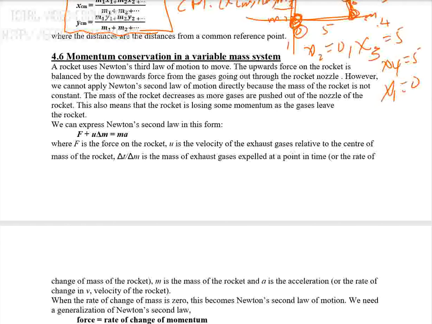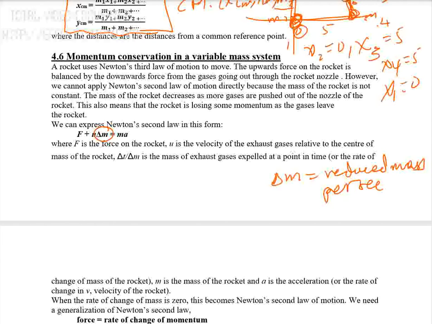Therefore, we will take what? Change in m. This change in m is the reduction in mass per time. Change in m is the reduced mass per second. The exhausted mass per second is change in m.